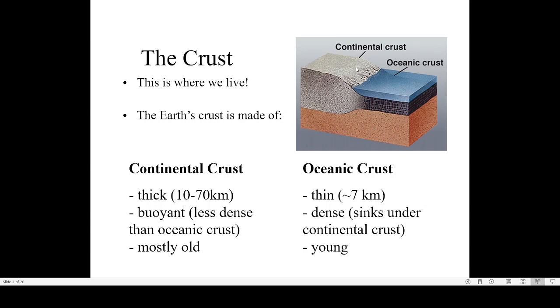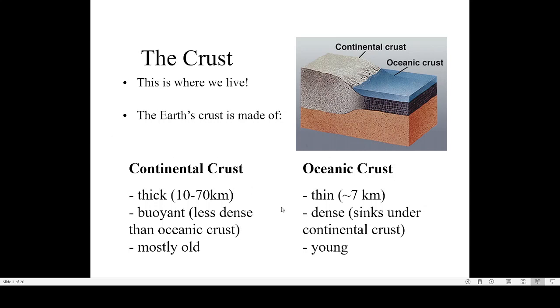Basically, continental crust is that portion of the crust where land or continents are formed. Whereas oceanic crust is those areas on the surface of the earth above which we find only water or ocean. So this is how the continental crust and oceanic crust can be differentiated.